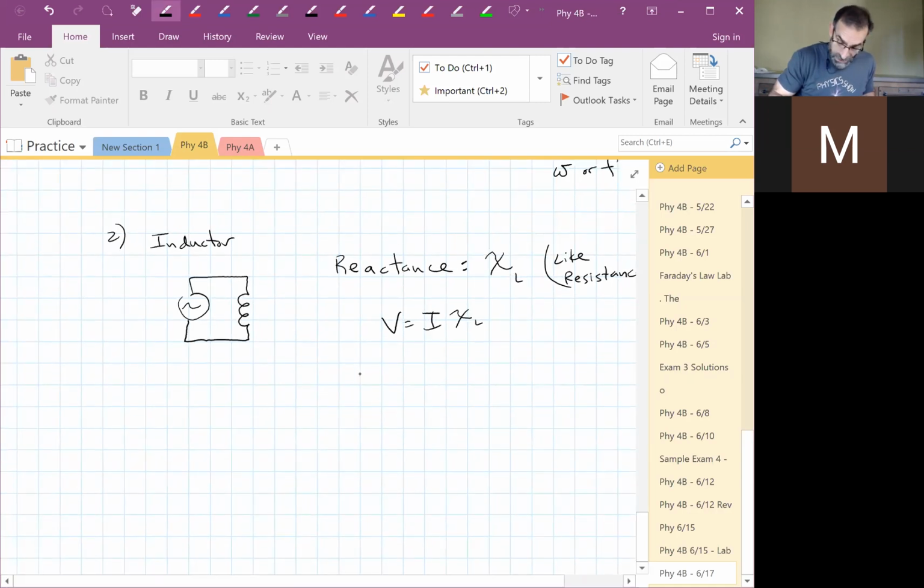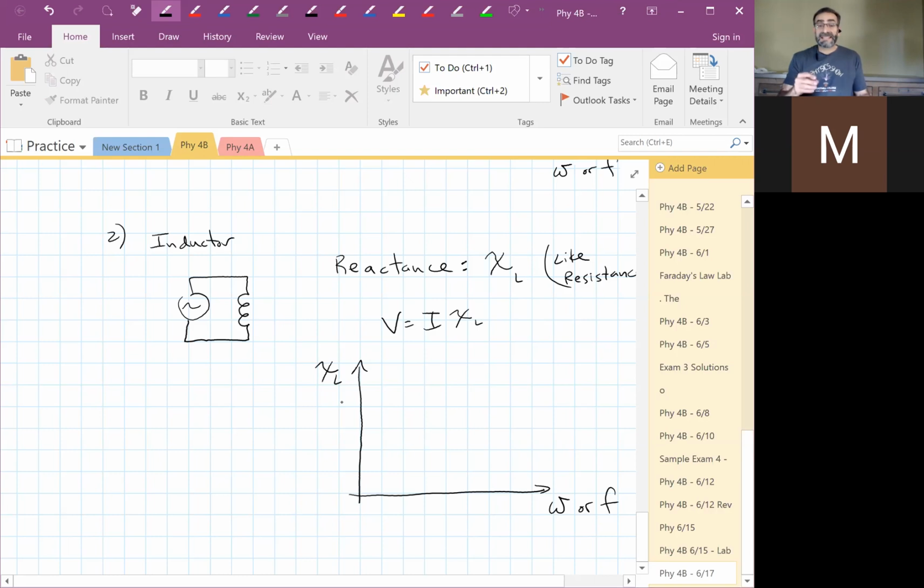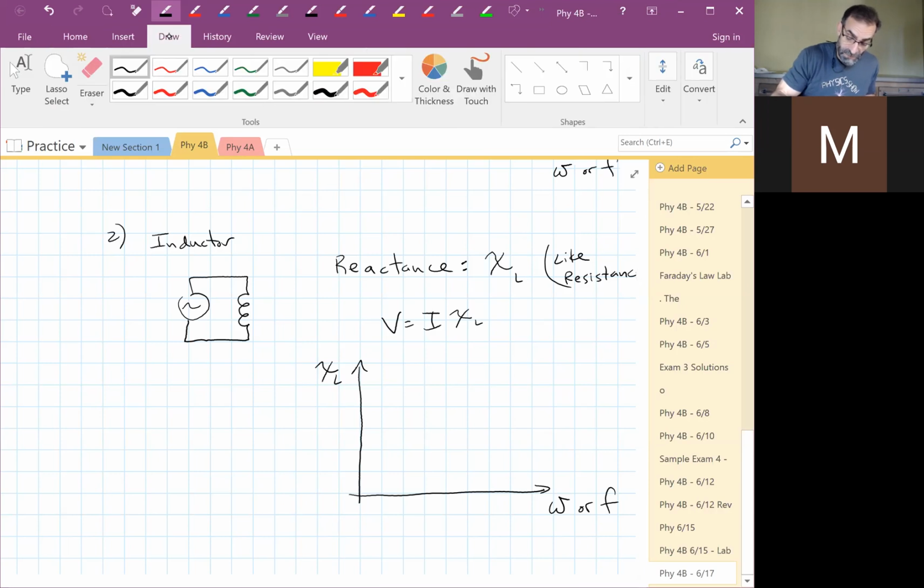So if we plot this, what happens? This is not constant. As we change the frequency, omega or f, the effect that the inductor has on the flow of charges changes, right? It's not constant. We know it's zero when the frequency goes to zero, it has no effect on the flow of charges.